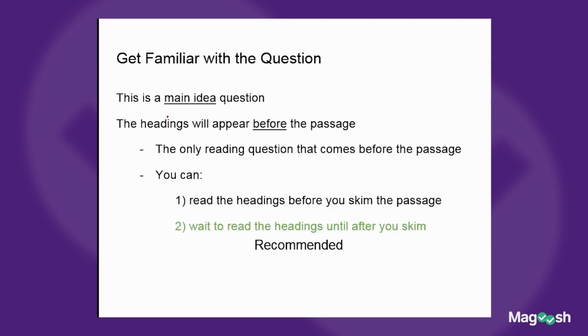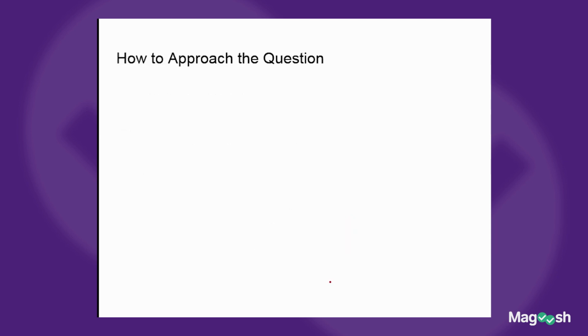If one of the headings, or more than one, are incorrect information, it might cause you to remember incorrect information as you skim the real passage. My preference would be to skim the whole passage first, get as much correct information out of that as you can, and then go make decisions as you read through each type of heading as you're trying to choose which one goes where.